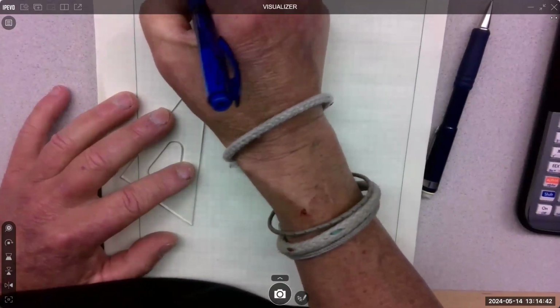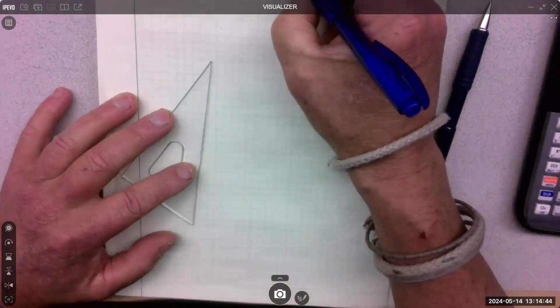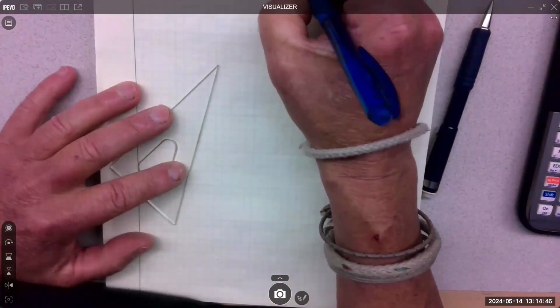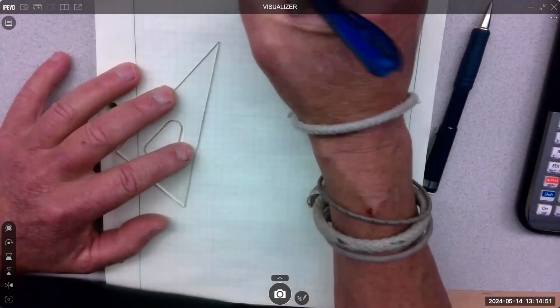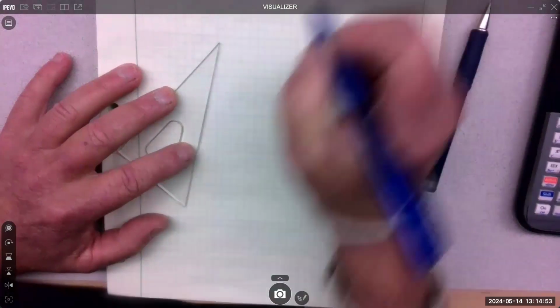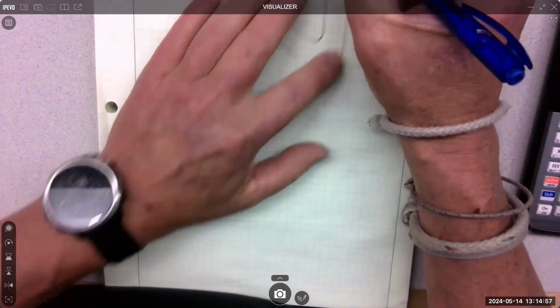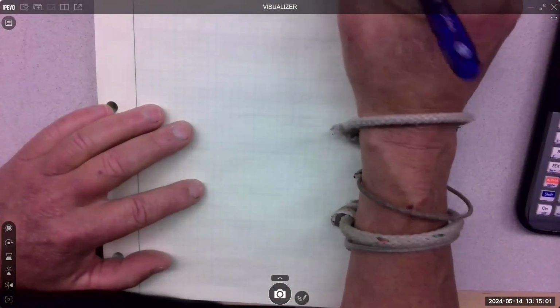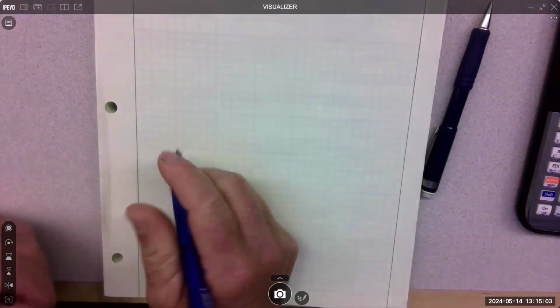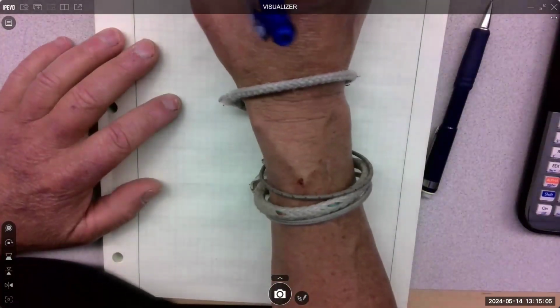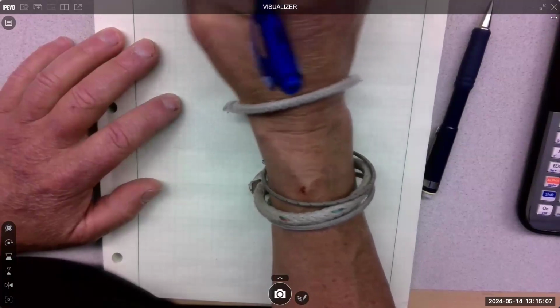There's a support here called B, this is A, a distribution throughout the whole thing, and then a concentration on the end. $10K, and 1 kip per foot distribution.